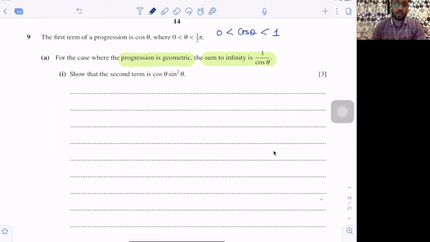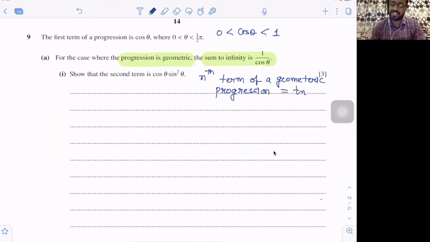Now, students, you should be aware that the nth term of a geometric progression is given by the formula. We denote it by Tn. It is going to be the formula a r raised to n minus 1. a is the first term, and r is the common ratio.